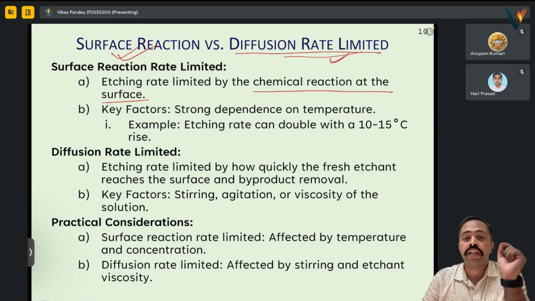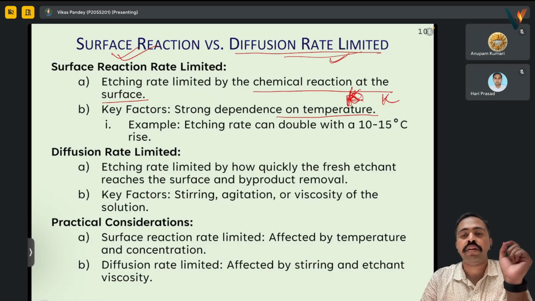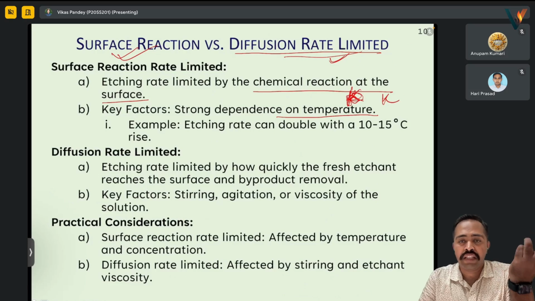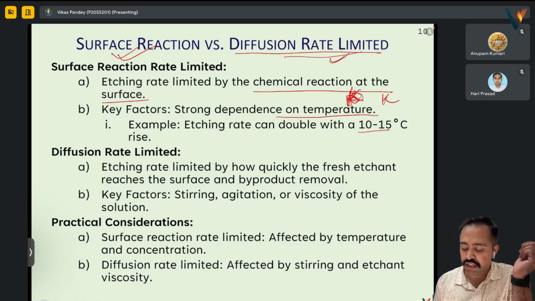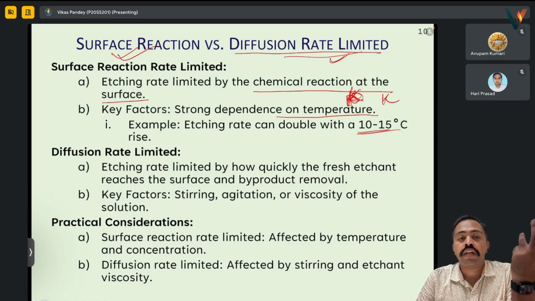It is very much dependent on the temperature since K is the rate of reaction, right? K is very much dependent on temperature, and it is very common that just changing 10 to 15 degrees, we can double the rate of reaction.